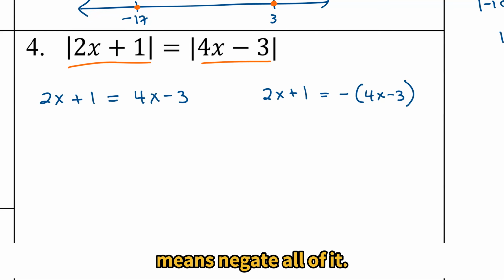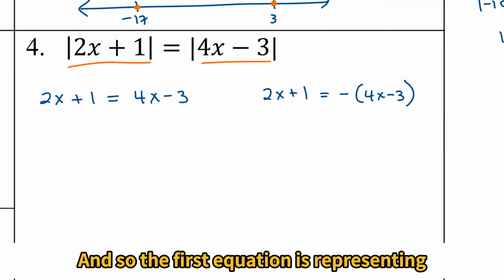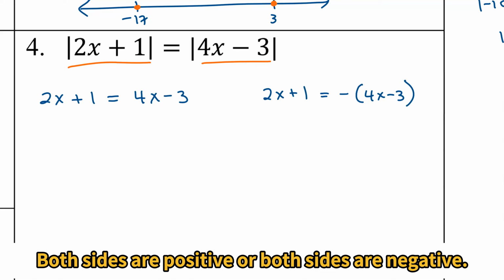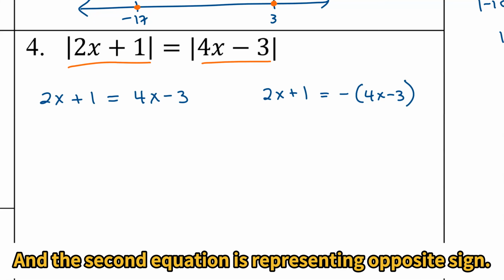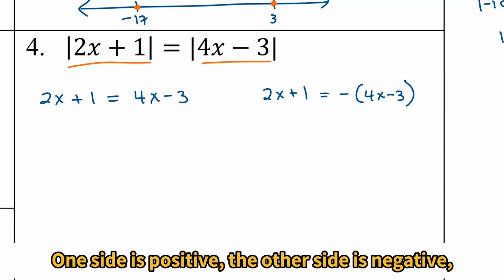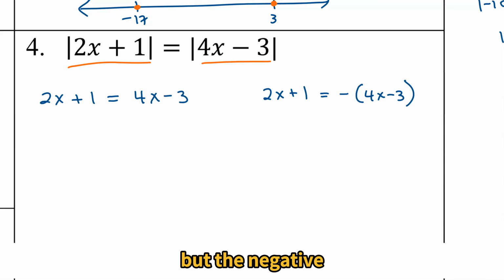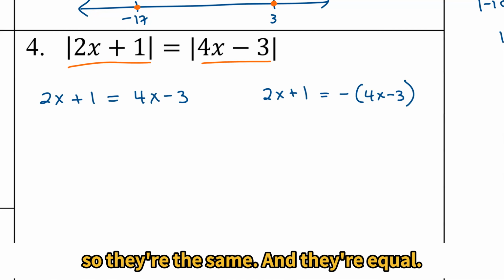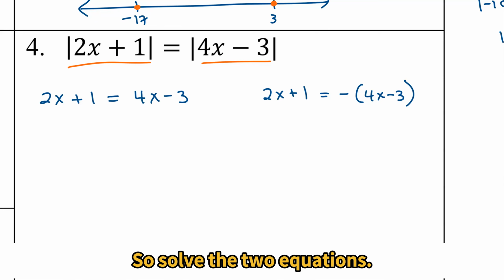So opposite means negate all of it. And so the first equation is representing the same sign. Both sides are positive or both sides are negative. And the second equation is representing opposite sign. One side is positive, the other side is negative, but the negative on the other side is going to change the sign so that they're the same. And they're equal.